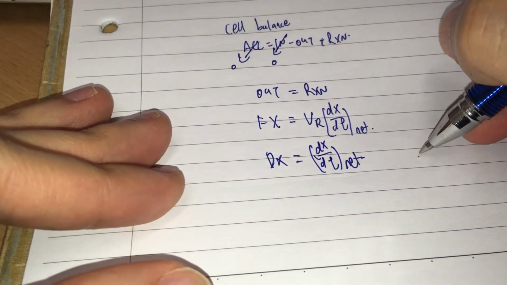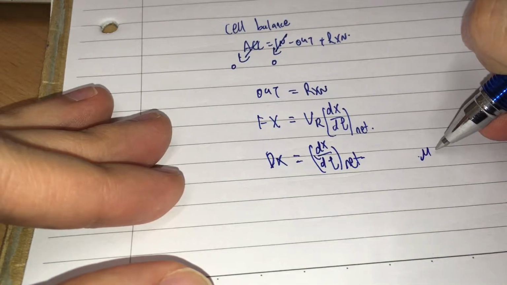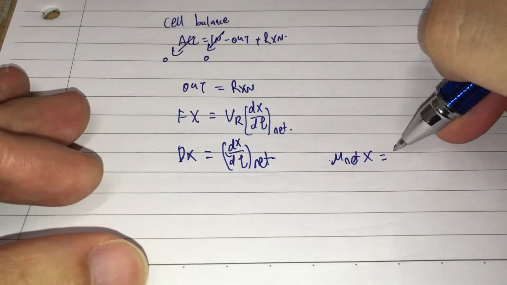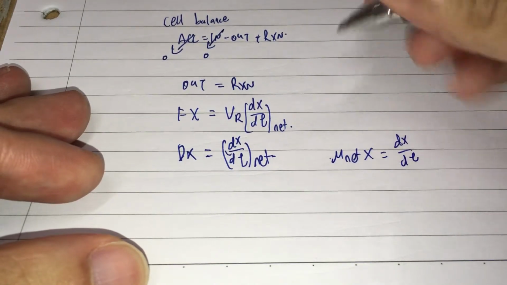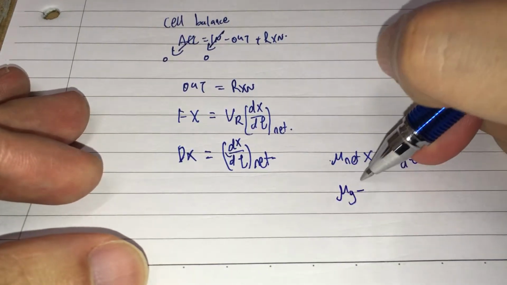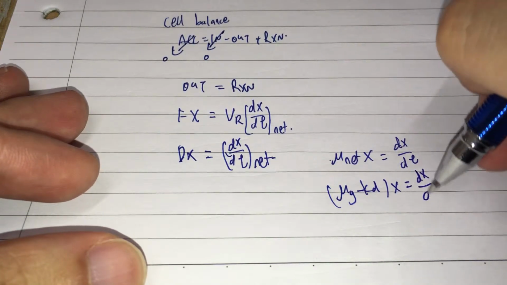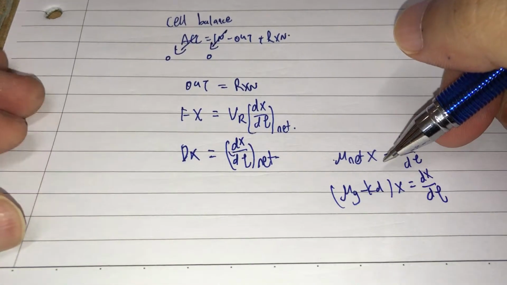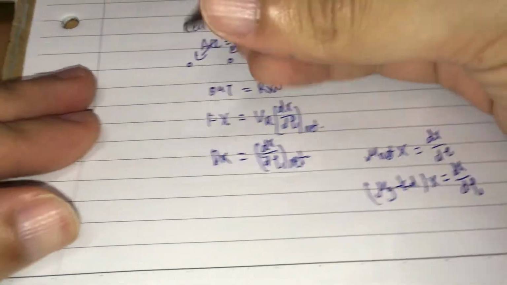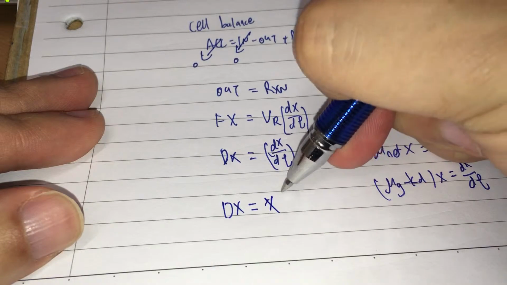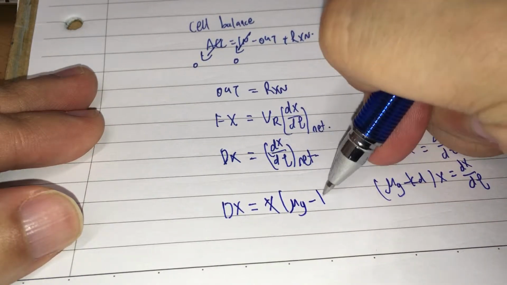We already found that mu net times x equals dx/dt, and mu g minus kd, times x, equals dx/dt. That's by definition, using the exponential growth kinetics, mu g minus kd.